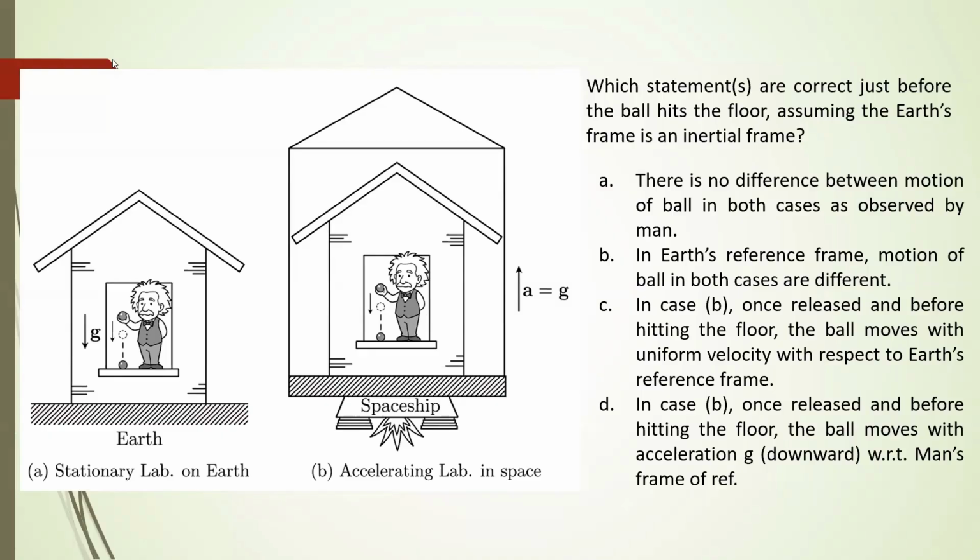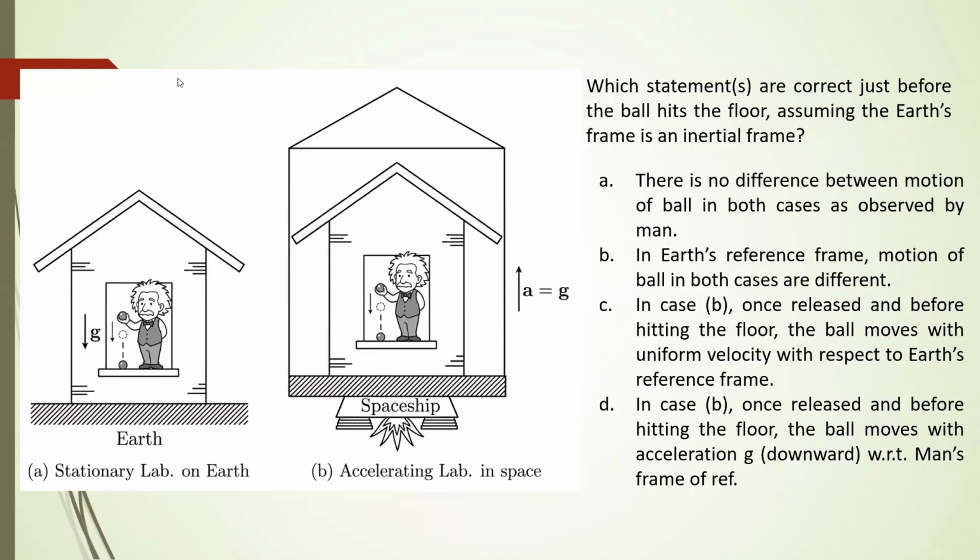For the second option, there is no difference in the motion of the ball in both cases. The man will see the ball coming towards the floor with an acceleration of 9.8 meter per second square.